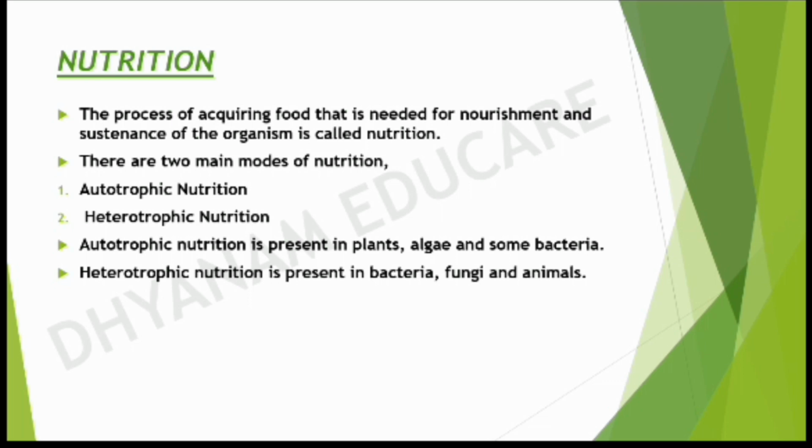Nutrition is the process of acquiring food that is needed for the nourishment and sustenance of the organism. There are two main modes of nutrition, autotrophic nutrition and heterotrophic nutrition. Autotrophic nutrition is present in plants, algae and some bacteria. Heterotrophic nutrition is present in fungi and in animals.